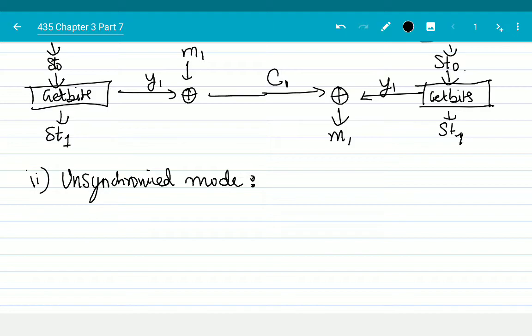Now you no longer have the same state being maintained, right? So how do you still make things work? You choose a random IV to encrypt the next message.